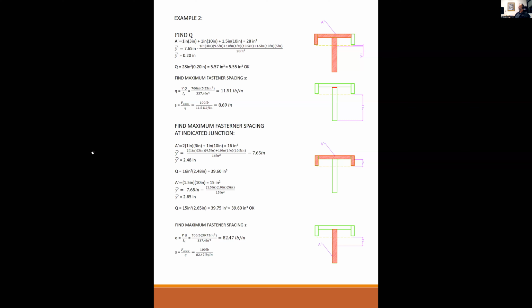Uh-huh. And it's also like if you have hired somebody to build this beam for you and you tell them, I want a beam made out of these pieces of wood and I want you to use these 10-penny nails. Well, the first thing the person who's going to be building that beam is going to ask you is, how many nails do you need? Or how far apart can I put those nails?